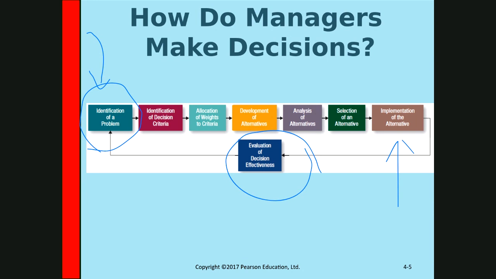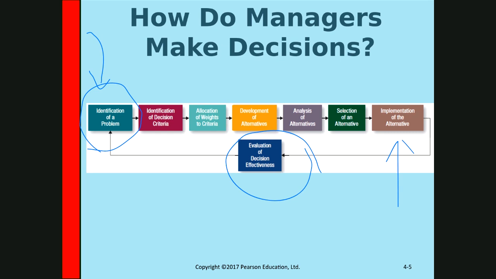So please do not assume that the other processes are wrong. It's just that for this module, you are using this 8-step process. And if you see this question coming up during your exam, please use the 8-step process instead of the process that you use for other theories. Okay? Now, I'm going to talk about all these steps in greater detail.